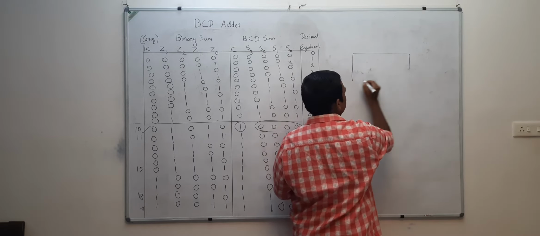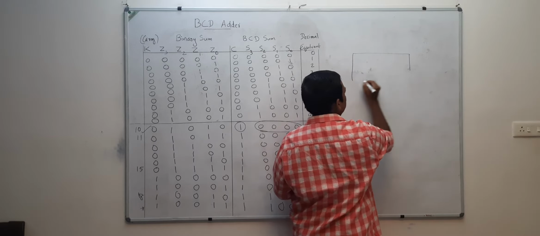This is A and this is B. A3, A2, A1, A0, B3, B2, B1, B0.